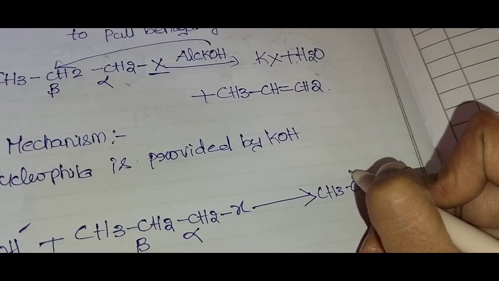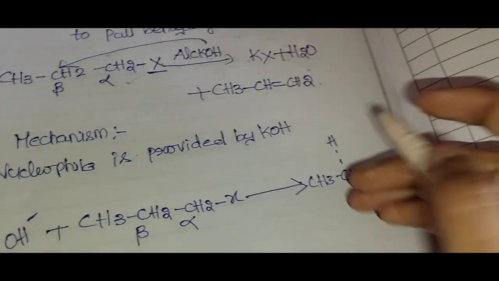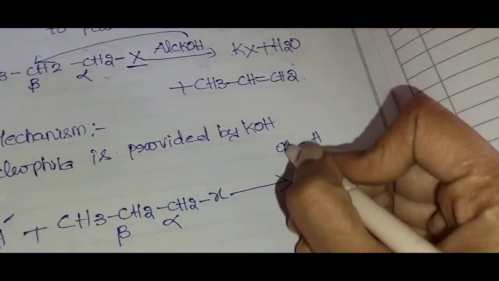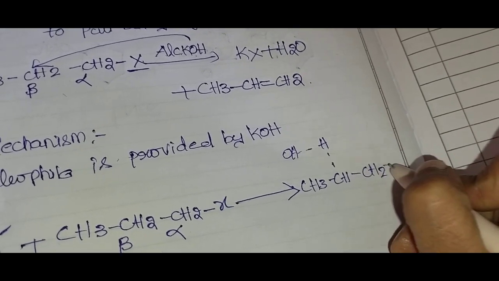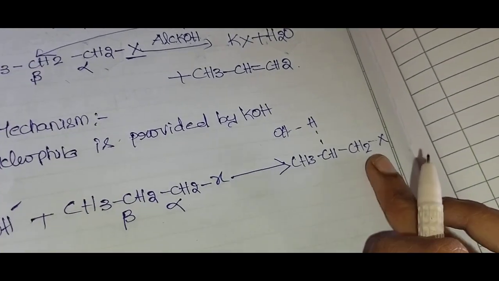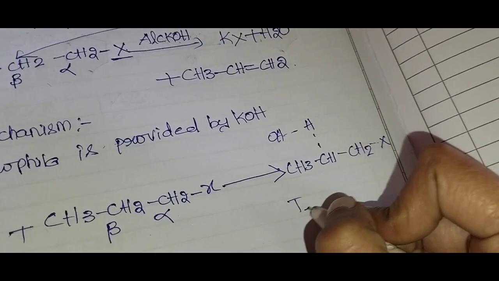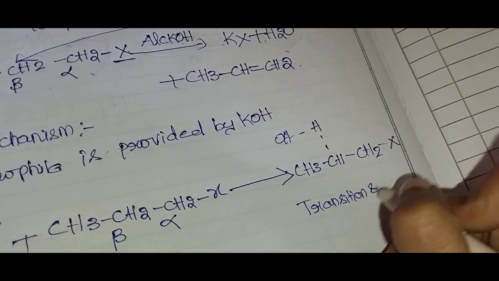CH3CH, this H will be removed with OH, so it will bond with the OH to remove a water molecule, and CH2, the leaving group X halide, will be like this. This stage is called the transition state.